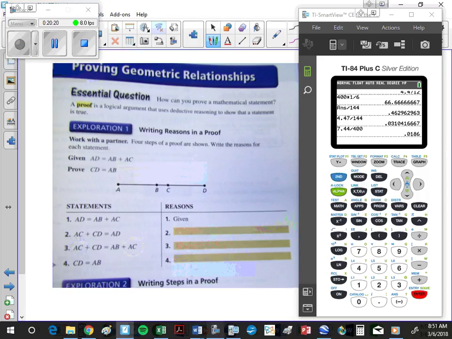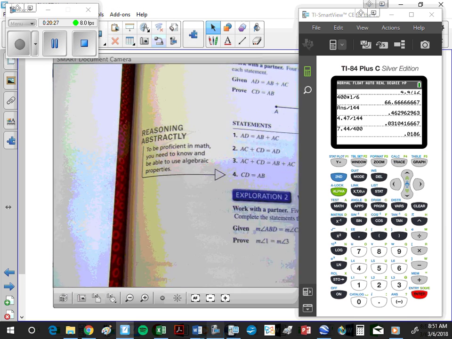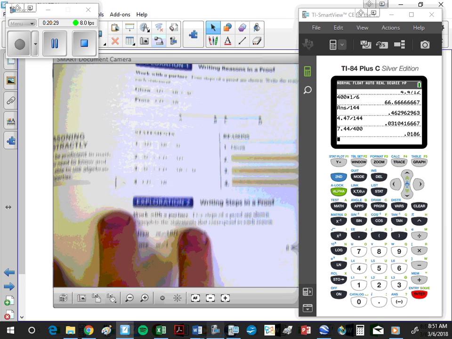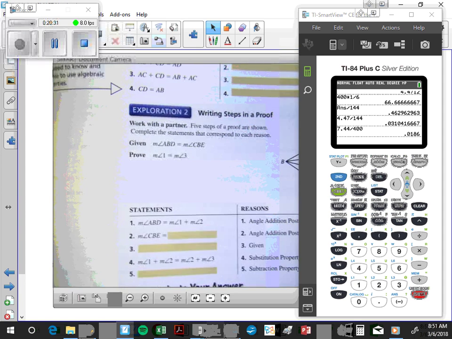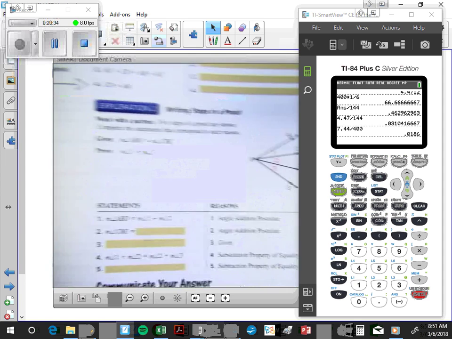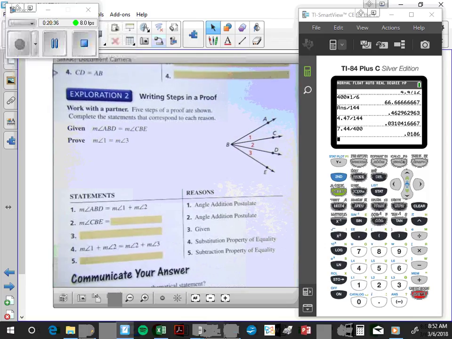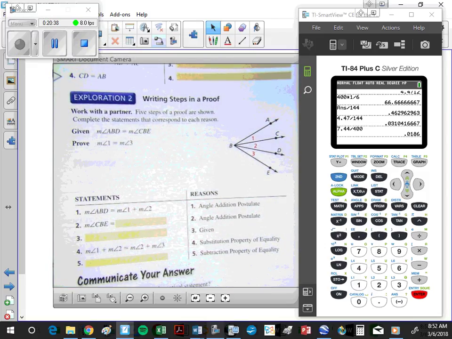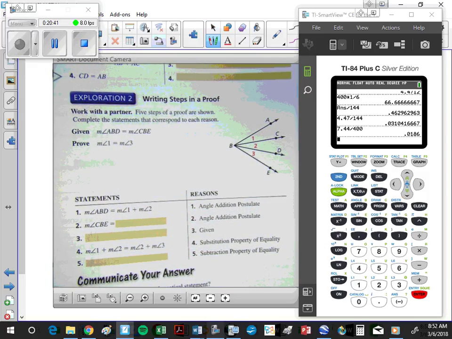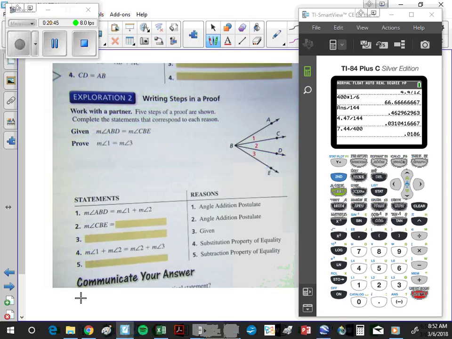Let's move on to the next one. So take a look at this. Now we have an angle. Okay, we have this picture. We have B on the vertex, and then we have points A, C, D, and E. And there are two ways to name an angle.